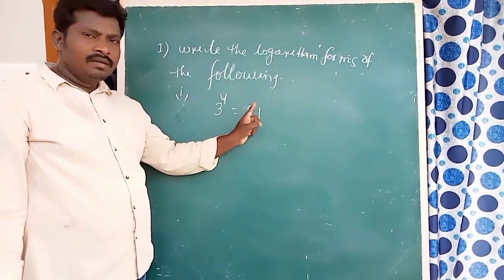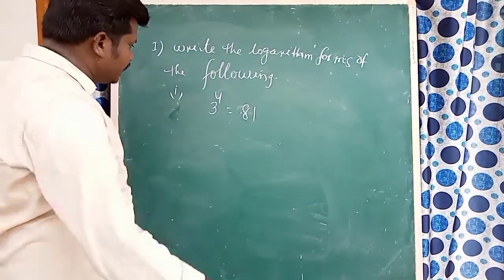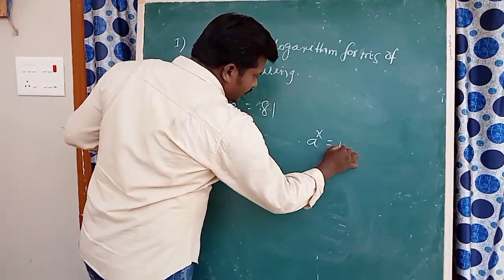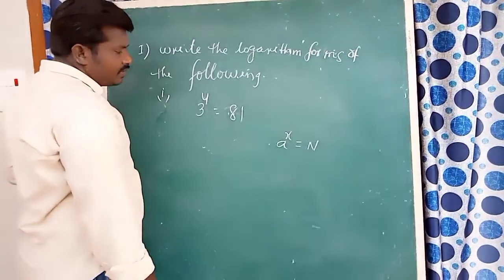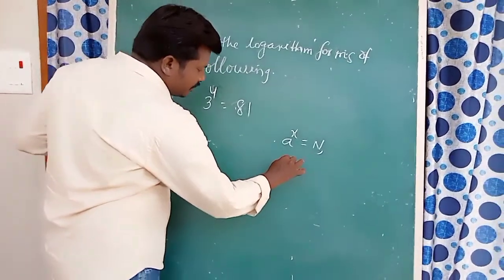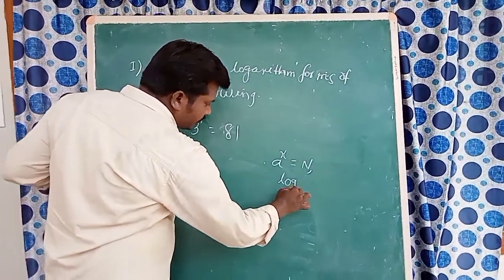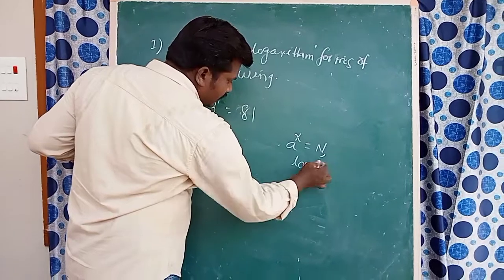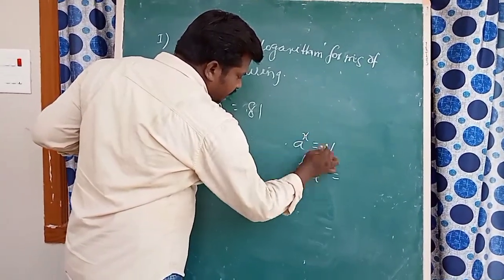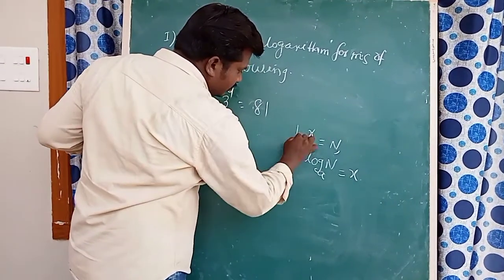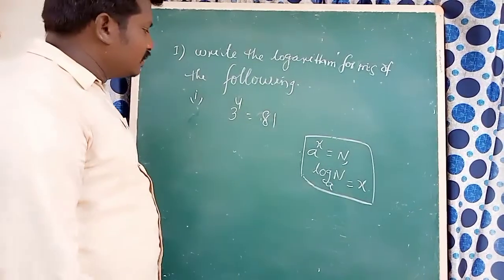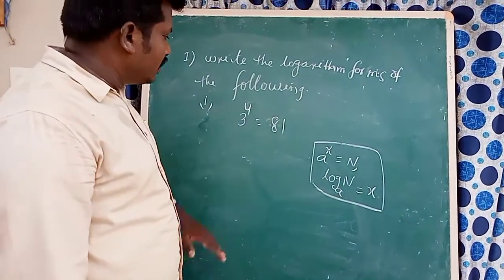First write down the formula: for the exponential form a power x is equal to n, the logarithmic form is log n base a is equal to x. Based on that formula, convert this into logarithm form.